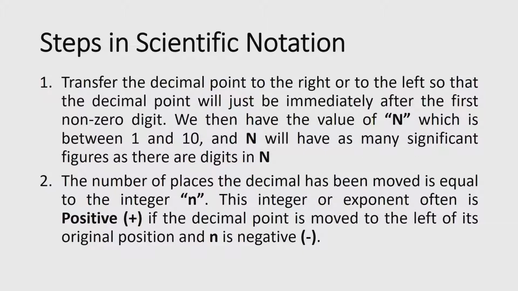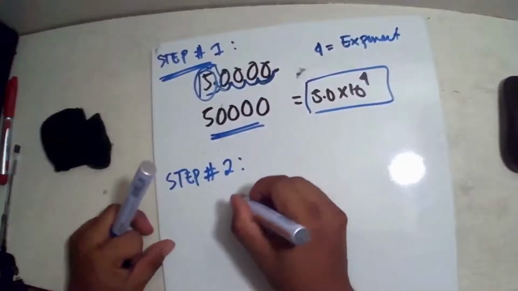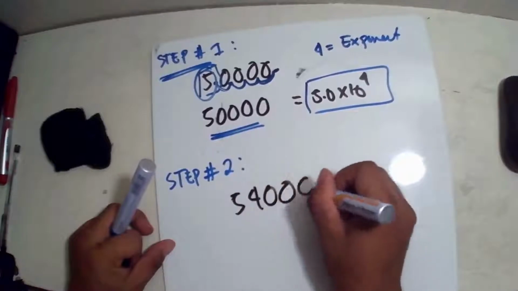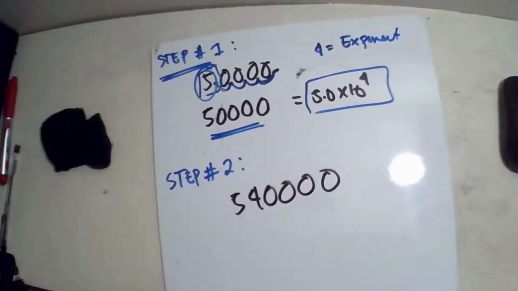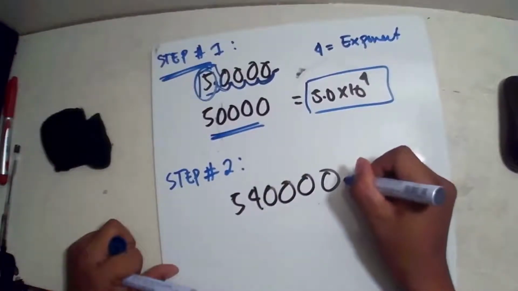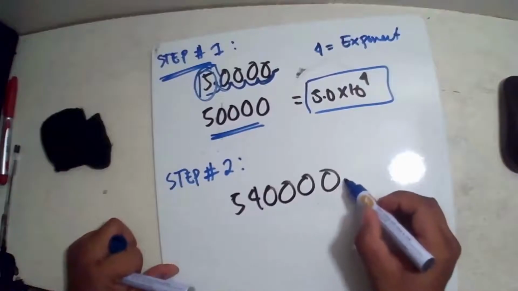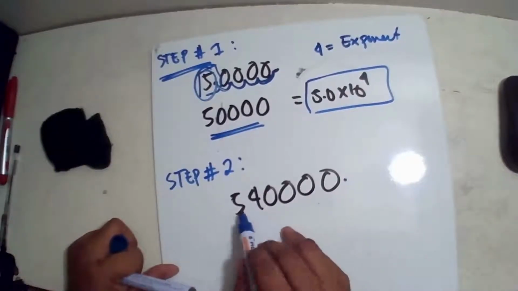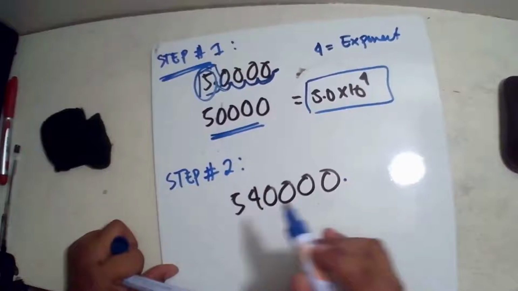So for step number 2, for example, we have a series of number, like for example 54000. We have the decimal point located here. So all we need to do is to move this one right after the first non-zero digit.